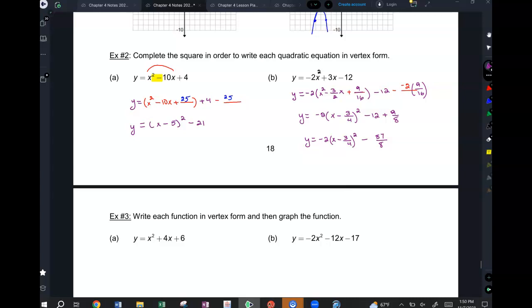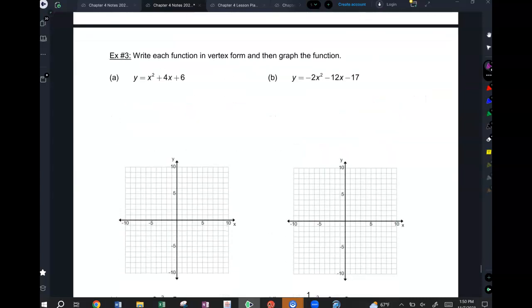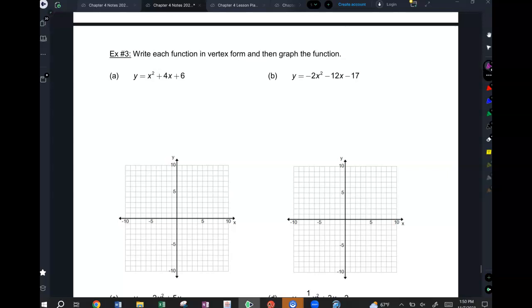Okay, let's do another one, and then it'll set in. Let's do this, and then we're going to graph. So y equals x squared plus 4x plus a number, plus 6 minus a number. What number goes there? 4. So I get y equals x plus 2 squared plus 2.